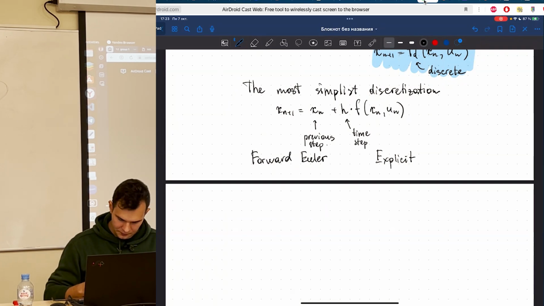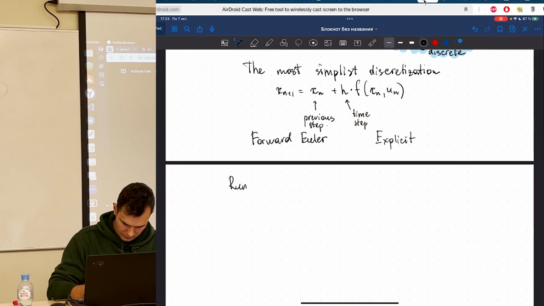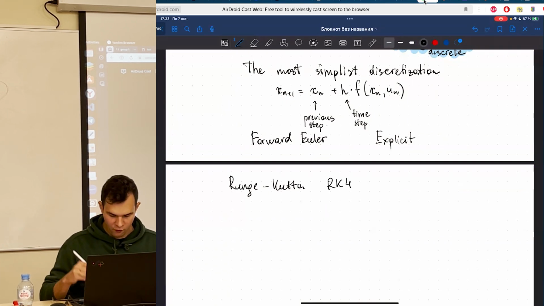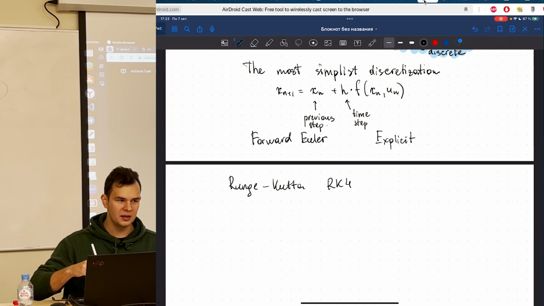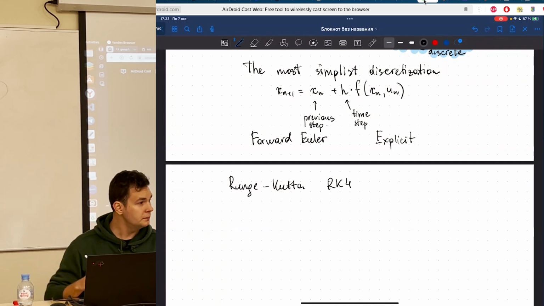The idea is the following. It's also called RK4, 4 because it makes 4 steps to compute.